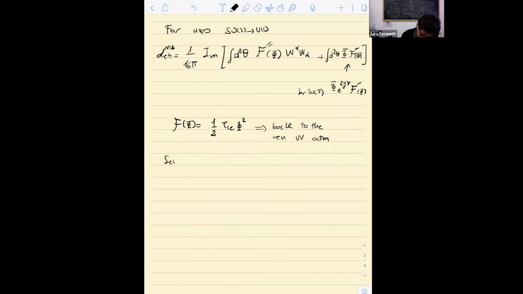So Seiberg argued that the general form of the prepotential F basically consists only of a one-loop term plus non-perturbative corrections. And the way he proved this non-renormalization theorem is to look at the U(1)_R anomaly.